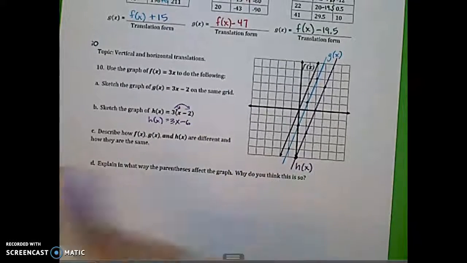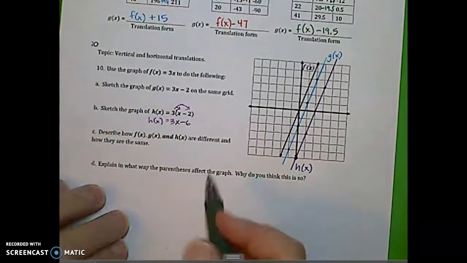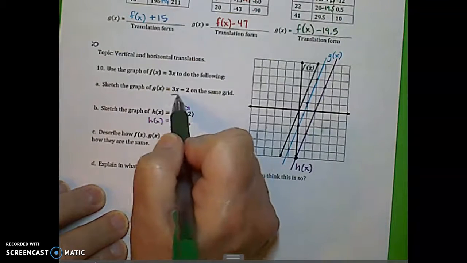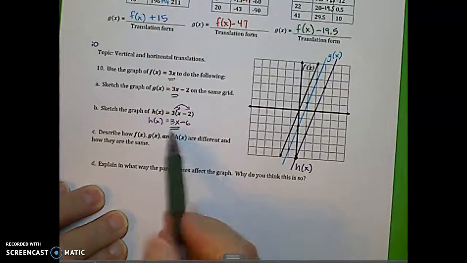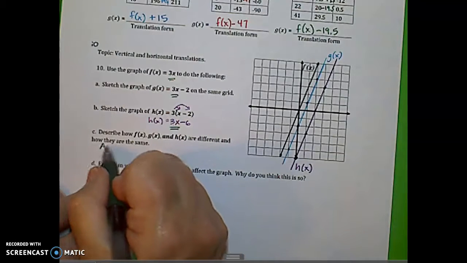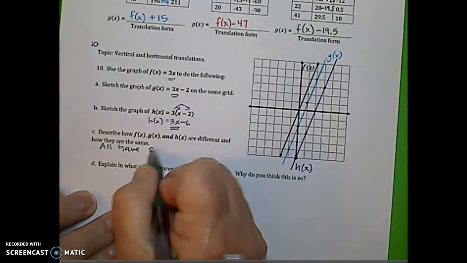I think the easiest way to see how they are the same is with their slopes. They all have 3x in the equation, which means the slope is 3. So they all have slope equals 3.